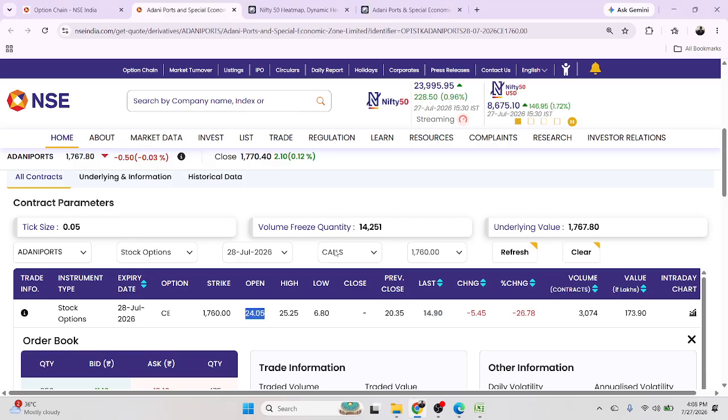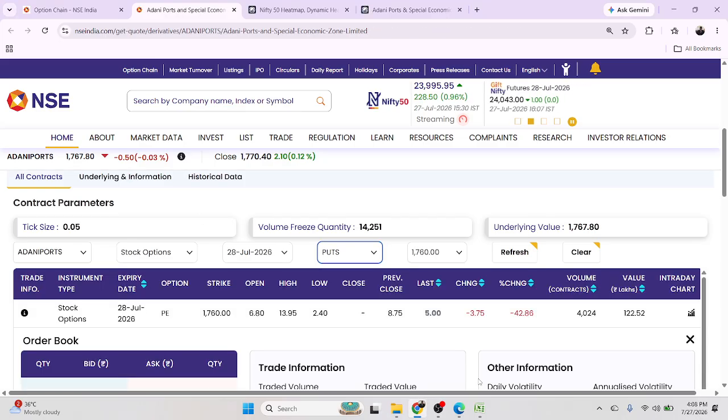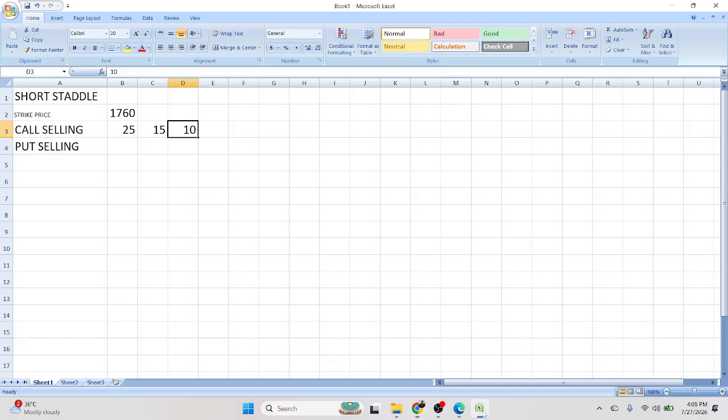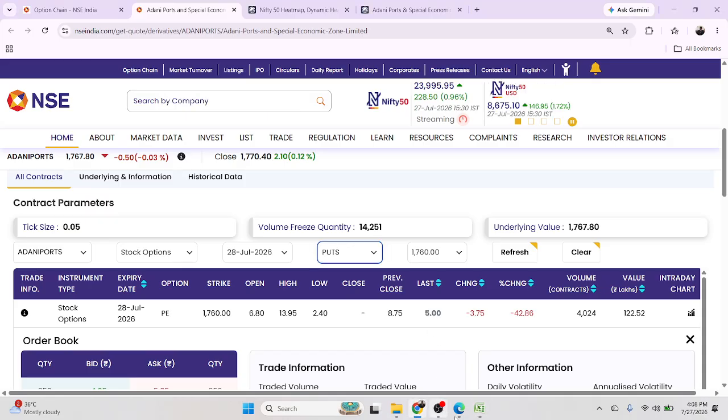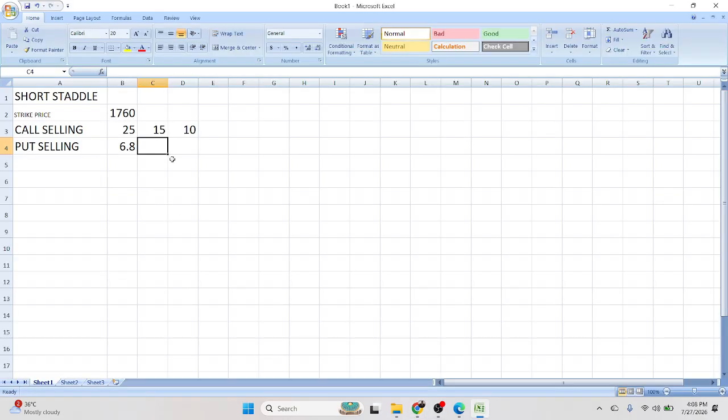Now coming to the put. The put price was 6 rupees 80 paise, and it closed at 5. So 6.80 was the opening price, the closing price is 5, and the difference is almost 1.8 points.